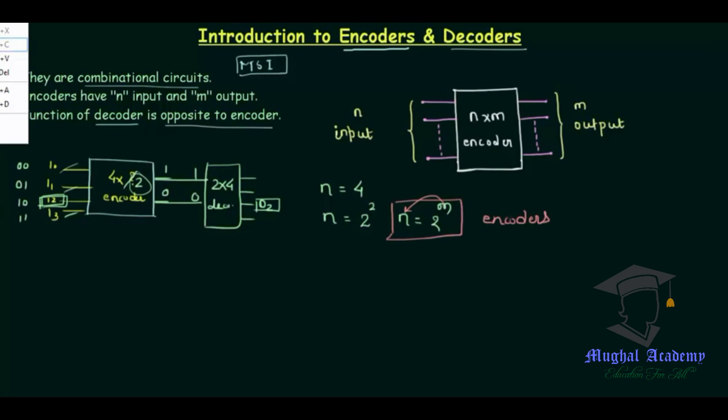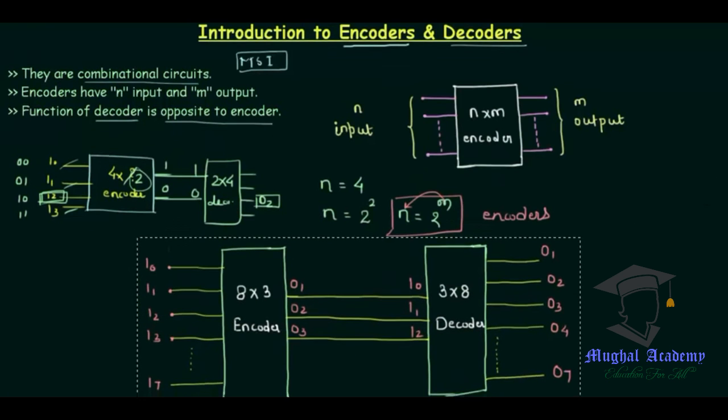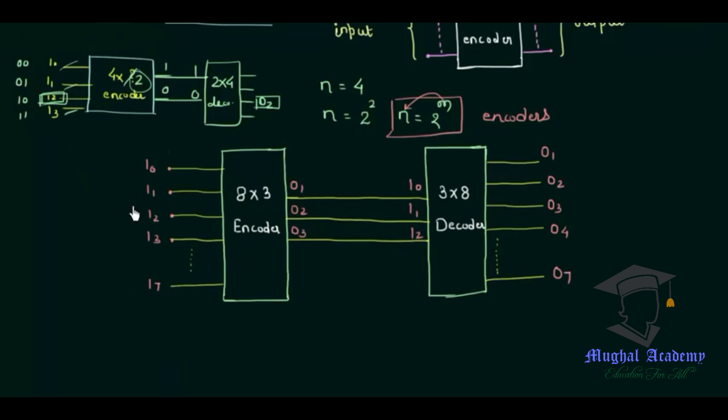So let's take an example in which I have made an 8 cross 3 encoder and a decoder 3 cross 8. In this we have 8 inputs, and because of 8 inputs, the value of output will be 3, because we just figured out that if n is equal to 8, which can be written as 2 to the power m, then m will be equal to 3. Fine, and instead of sending 8 data lines, we will send only 3 data lines. This is the advantage of the encoder.